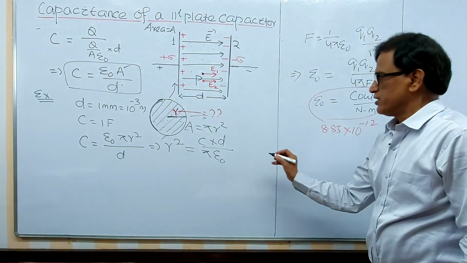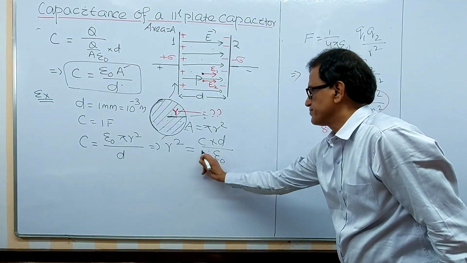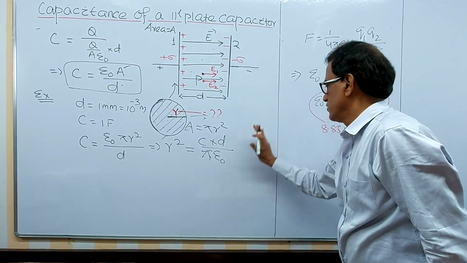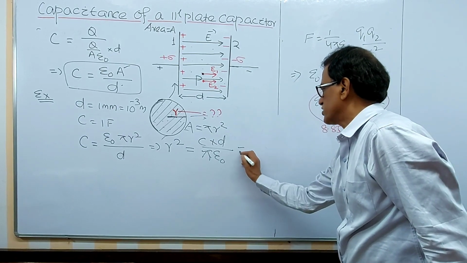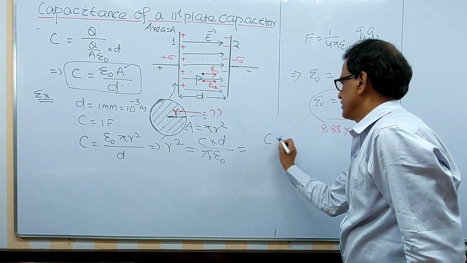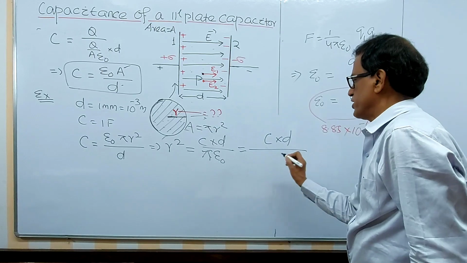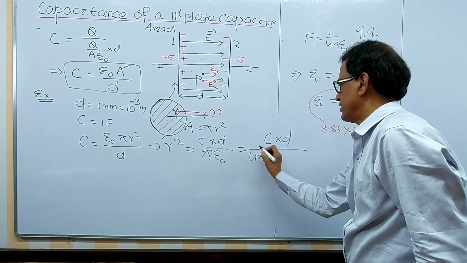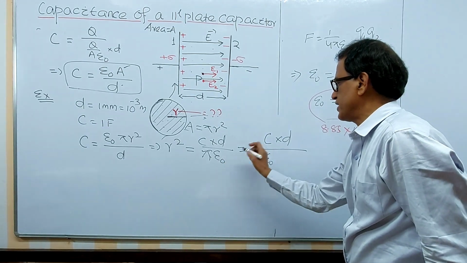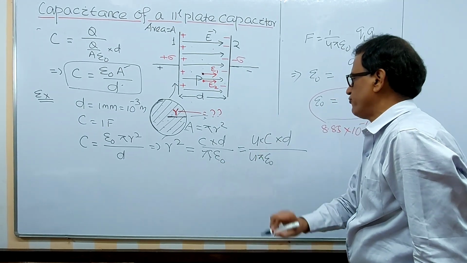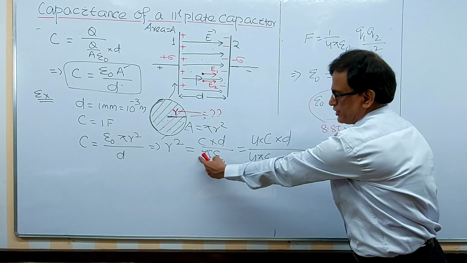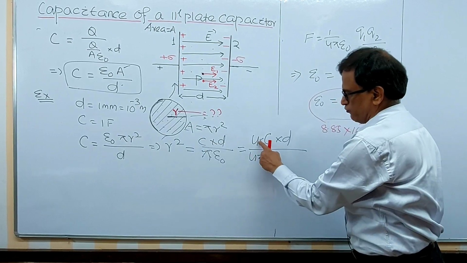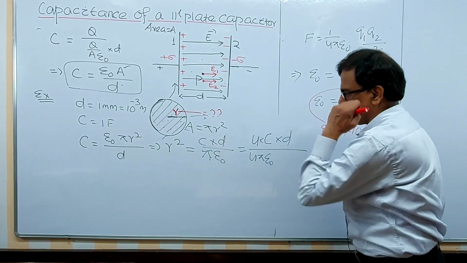Okay, now how to manipulate this? This is pi. This equals C into D whole divided by 4 pi epsilon 0, so here you make it 4 pi epsilon 0. It is pi epsilon 0, so you can multiply by 4. You have multiplied 4 in the denominator and 4 in the numerator, the 4 cancels out, giving CD by pi epsilon 0.